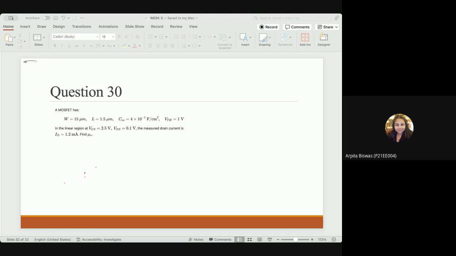Or you will find out the answer. The value of mu is 2068 centimeter square per volt second.